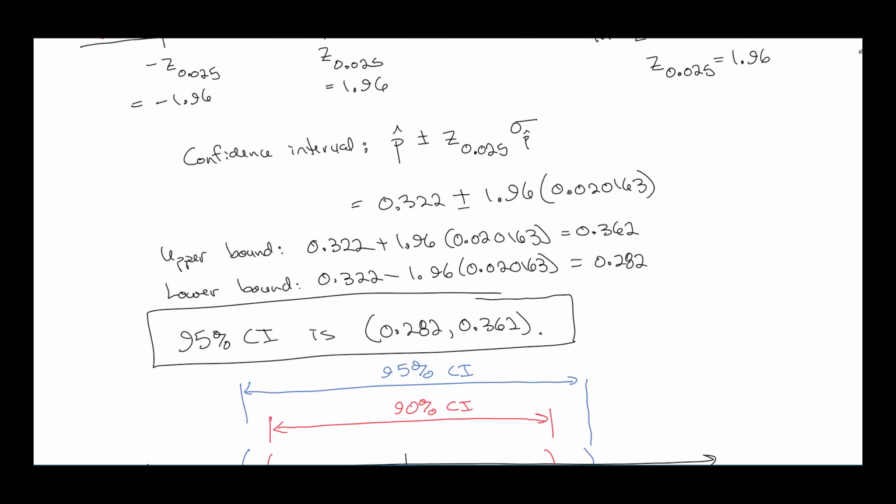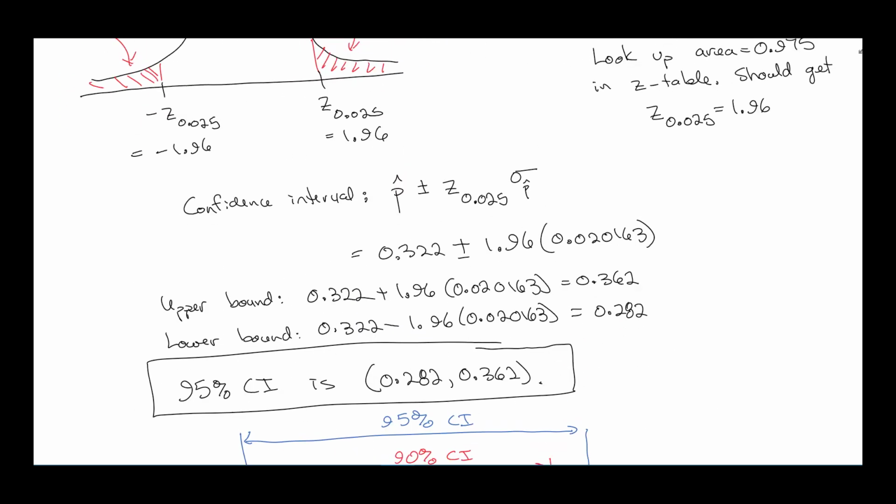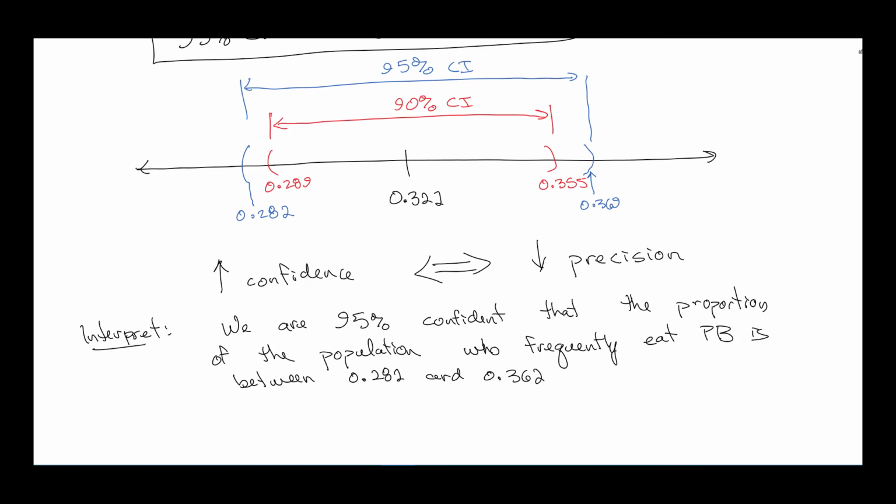Hang on, let me check something. What is our 95% confidence interval? 0.362. Oops, another typo. Sorry. This should be 0.362 right here.